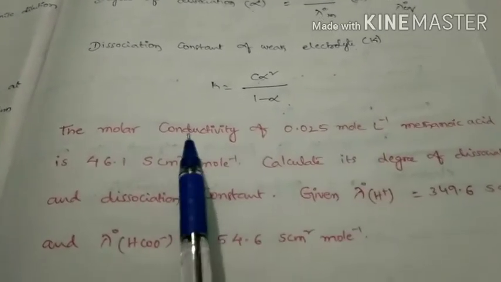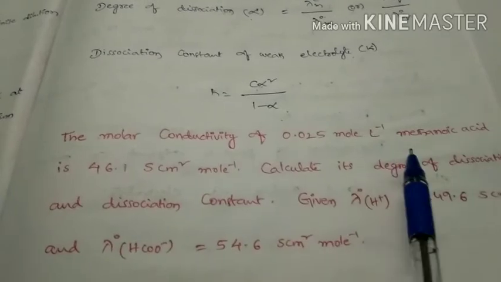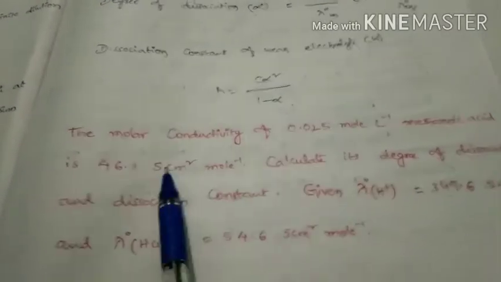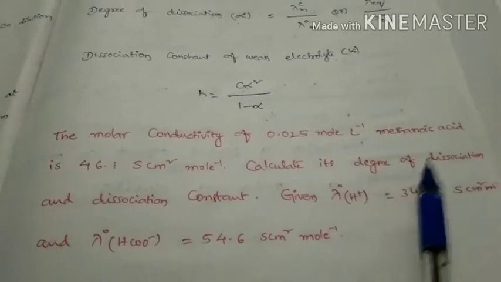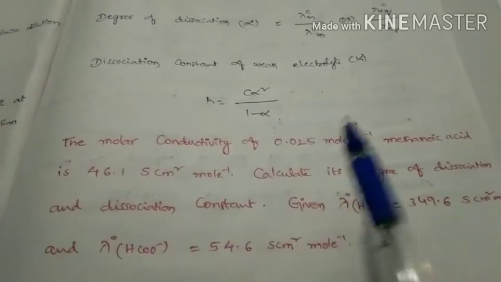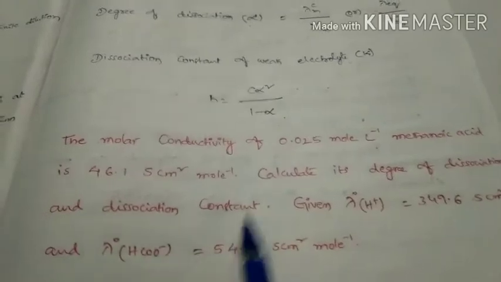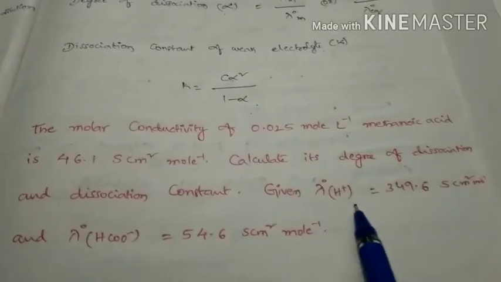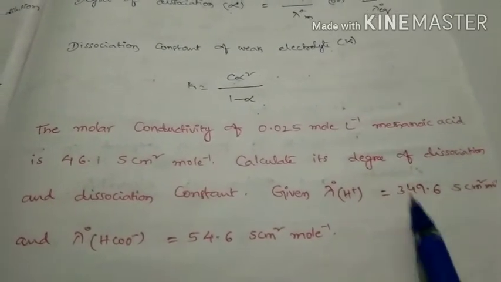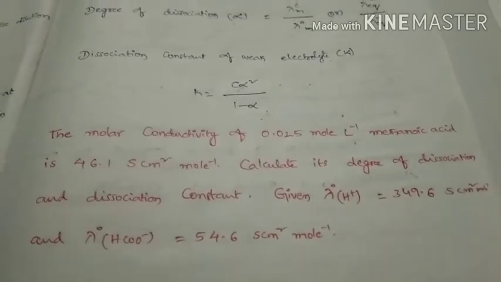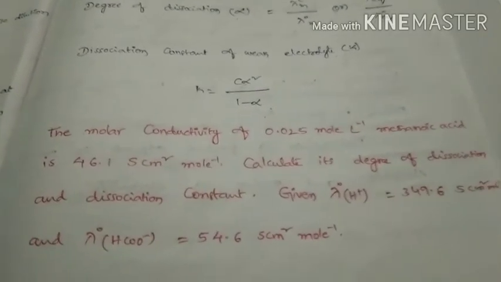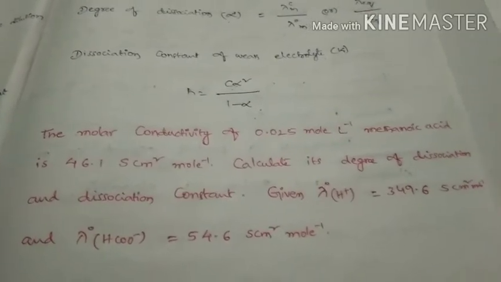That is the meaning of that one. Calculate its degree of dissociation and dissociation constant. That means we have to find alpha and K value. Given lambda naught H plus and lambda naught HCOO minus, both are given. So we have to find alpha and K value.